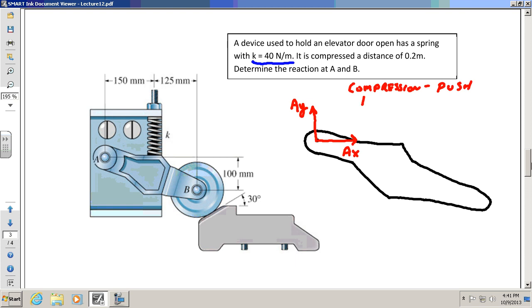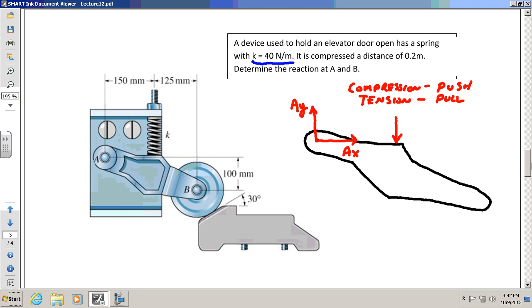Springs in tension always pull. It says the spring is compressed. That means it's being pushed in on both sides, so it also pushes out. So the force on that bracket will be down, like that.